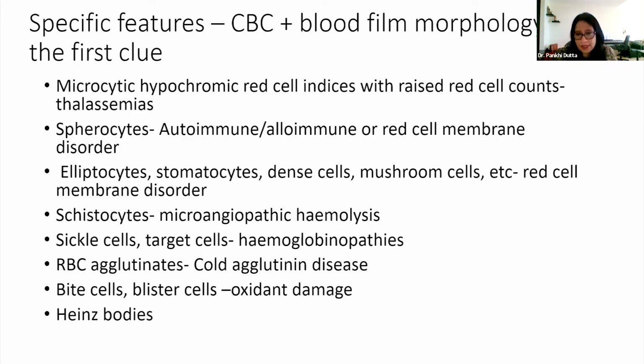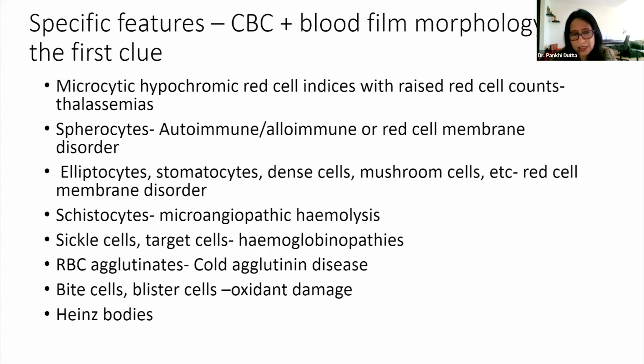Presence of spherocytes would suggest that there is a red cell membrane disorder or an immune process where spherocytes are being formed, or any kind of abnormal cells like elliptocytes or stomatocytes suggest that there's a red cell membrane disorder. Fragmented RBCs would suggest that there's a red cell fragmentation process on.